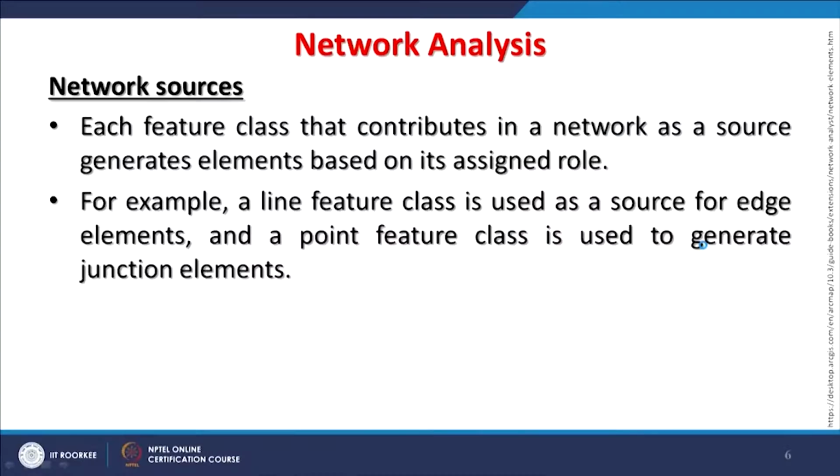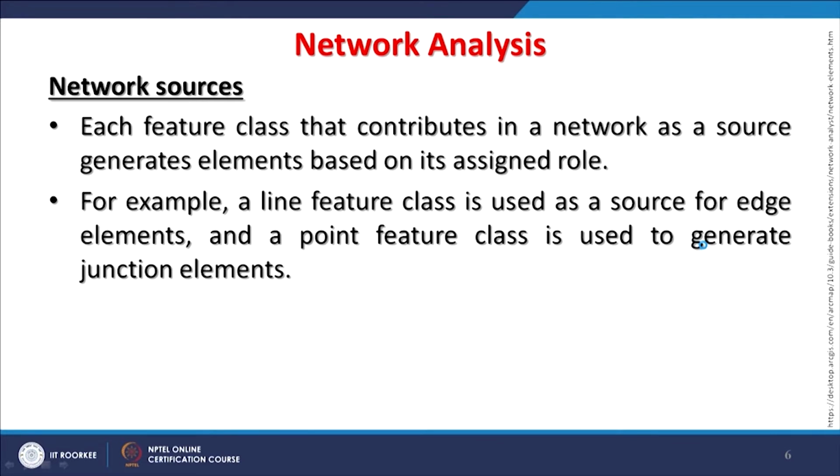And each feature class that contributes to a network as a source generates elements based on its assigned role. So we have to assign what the different roles of these features or sources are. For example, a line feature class is used as a source for edge elements, and a point feature class is used to generate junction elements.